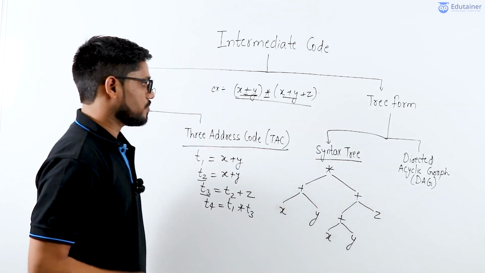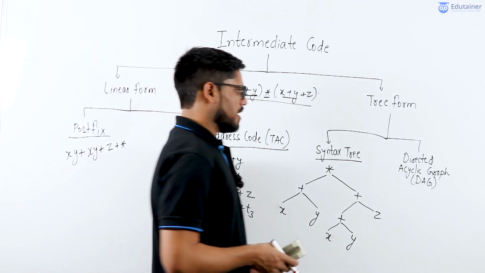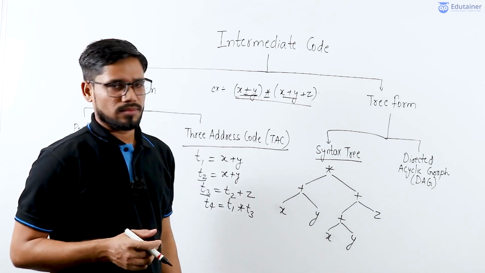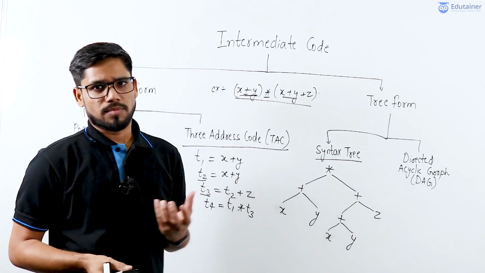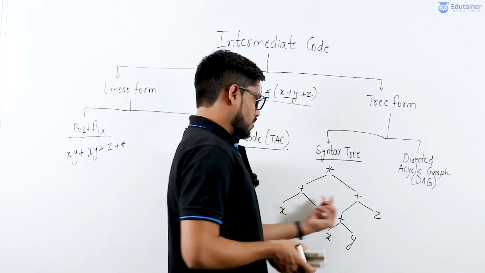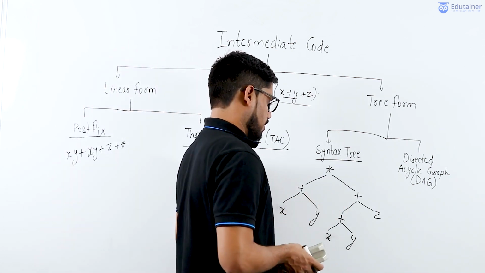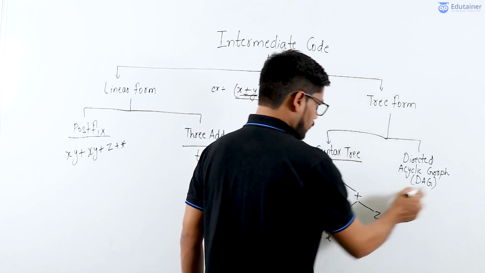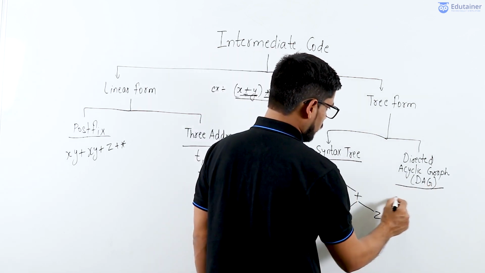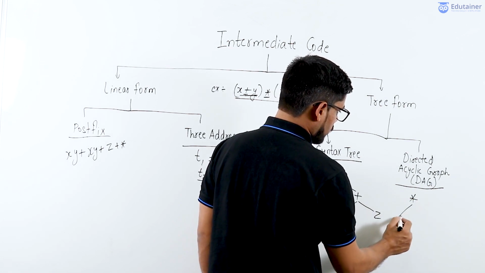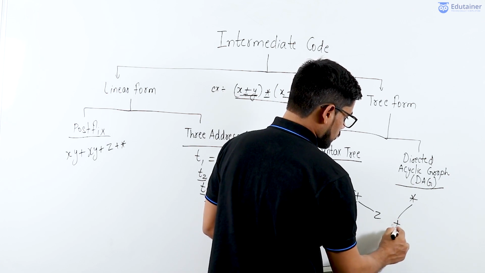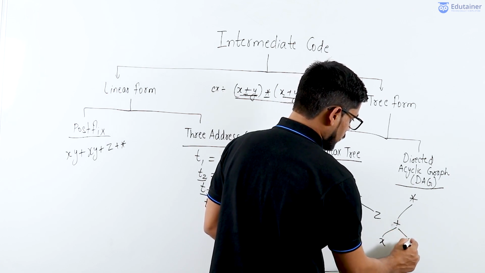In the directed acyclic graph, the syntax tree is represented in short form, meaning the common part is captured together in both expressions. So for this line of code, the directed acyclic graph will be star, then plus, and then x, y.